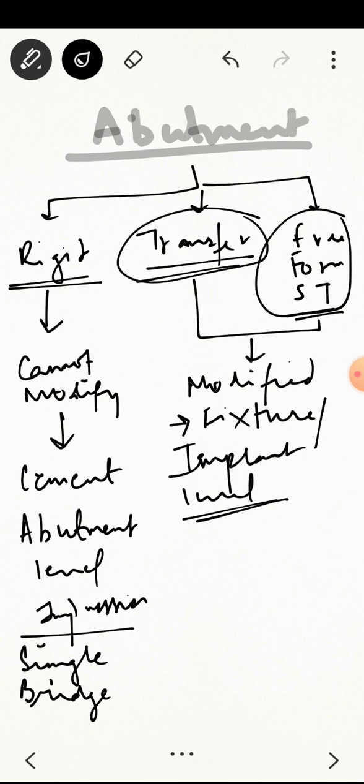In some cases it can be cement retained also. So these three are the most common types of abutment that we use in the Ostem system. The transfer and free-form abutments are also used for single and bridge cases.